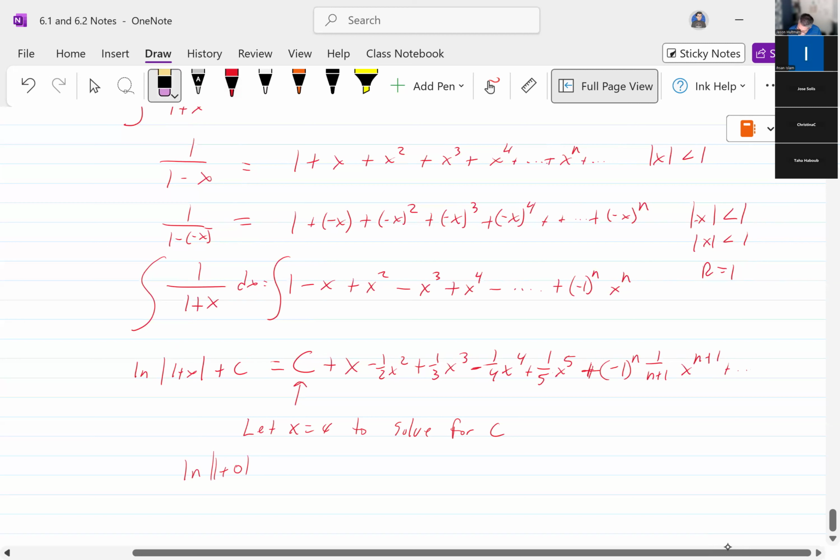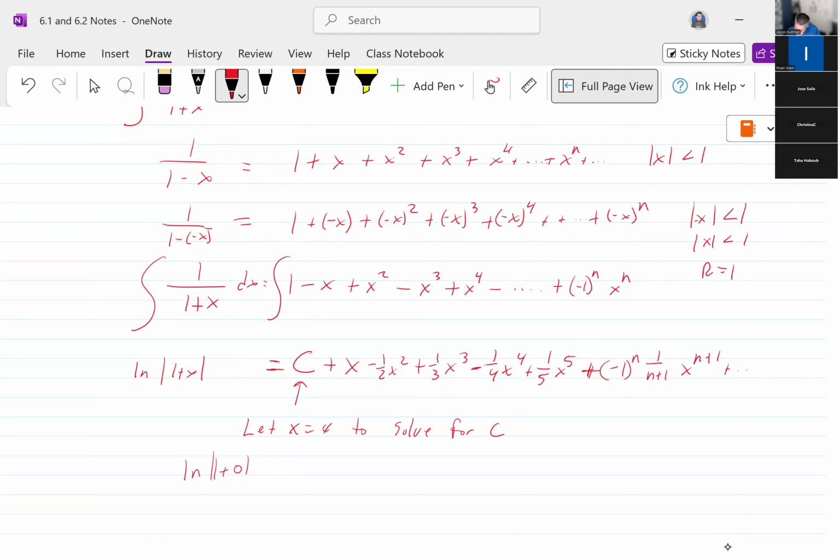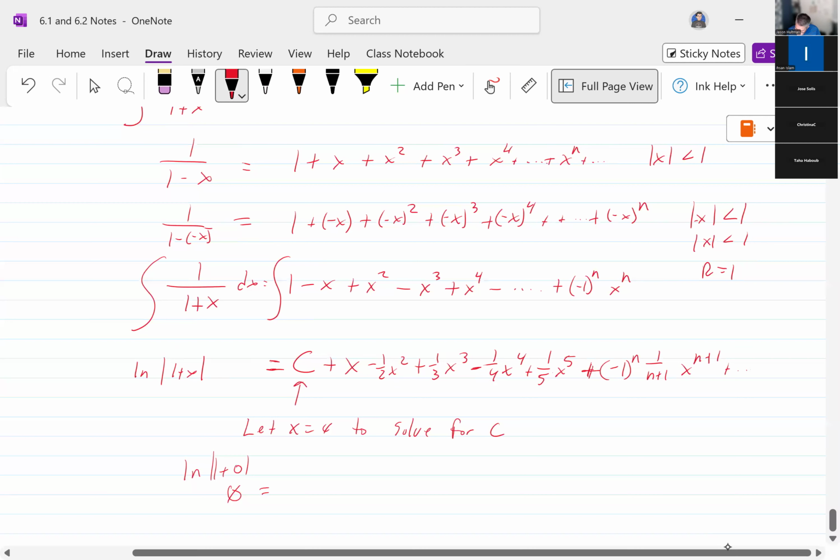The natural log of 1 plus 0 is 0. And so the constant here is just going to be 0. C is equal to 0.